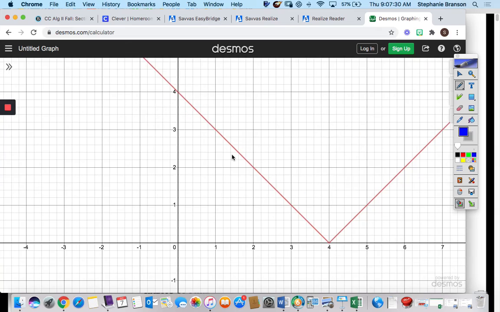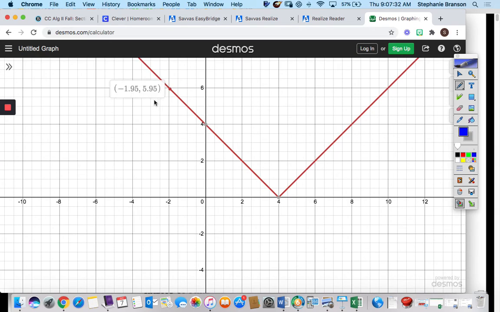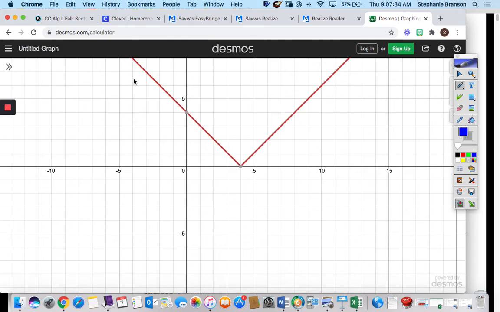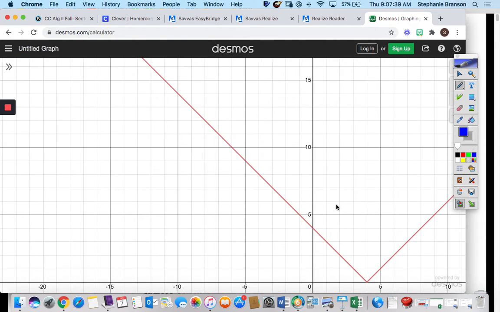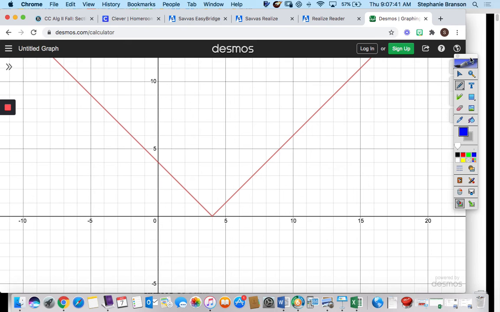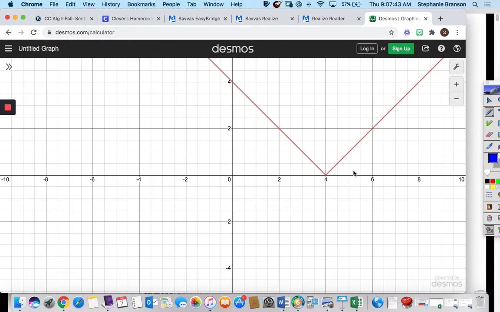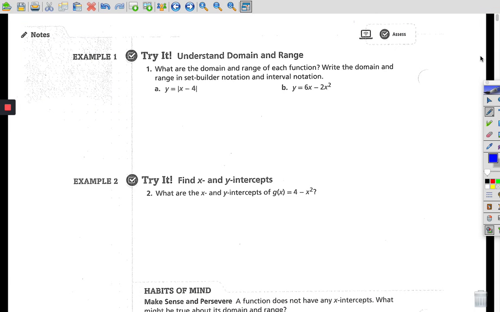I'm looking at my smallest x value, which I keep going up here, and you notice that it keeps going, right? So that means my smallest x value is going to be -infinity. My largest x value on the right side of my graph also keeps going up, so that means my largest x value is going to be +infinity. So if it goes from -infinity to +infinity, that is considered all real numbers.